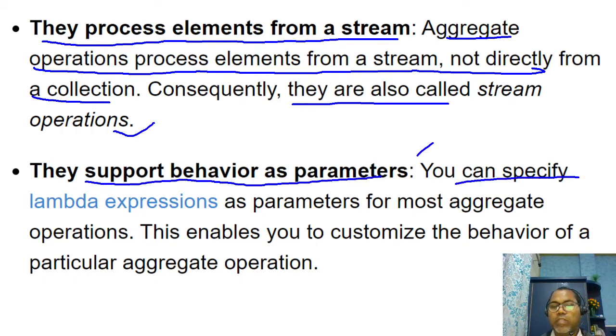These stream operations support behavior as a parameter as well. You can specify a lambda expression, as we discussed in the lambda expression topic, and pass it as a parameter to most aggregate functions. Generally all the aggregate functions are stream operations that take a lambda expression as input. They are designed to depend on an interface, and that interface is a functional interface whose implementation we can pass as a lambda expression.